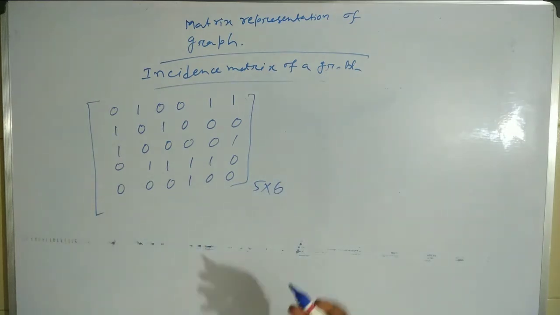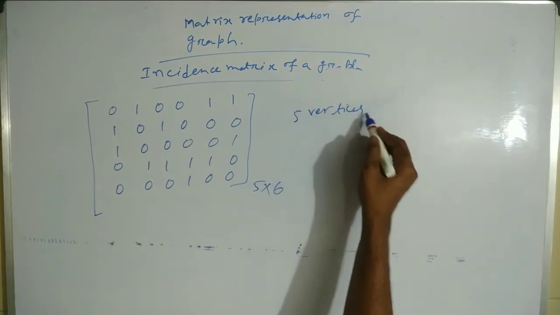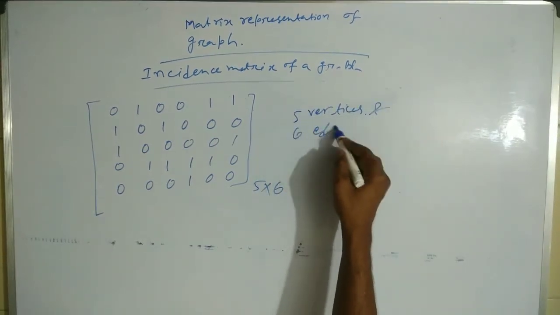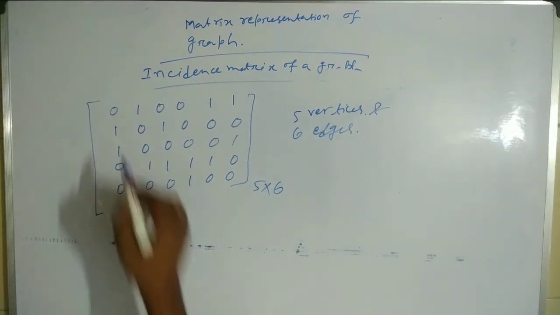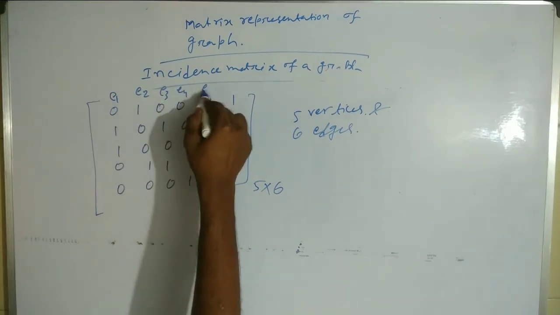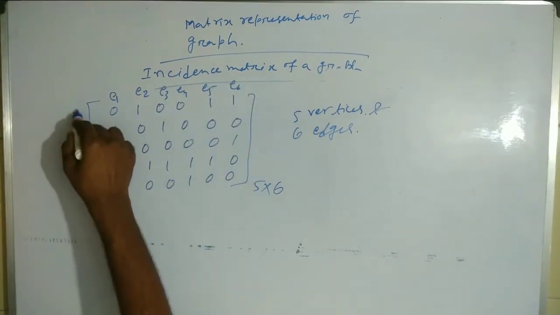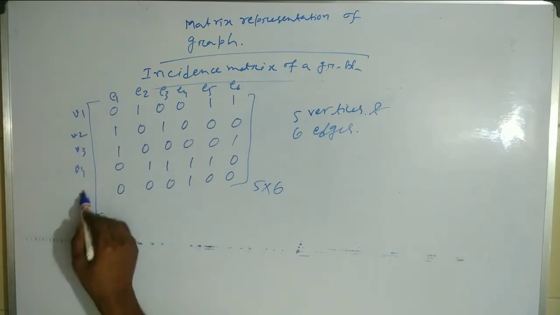So there will be 5 vertices and 6 edges. We are naming them E1, E2, E3, E4, E5, E6 and V1, V2, V3, V4, V5.